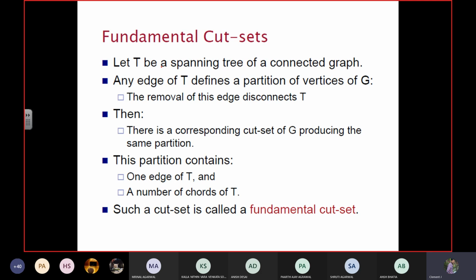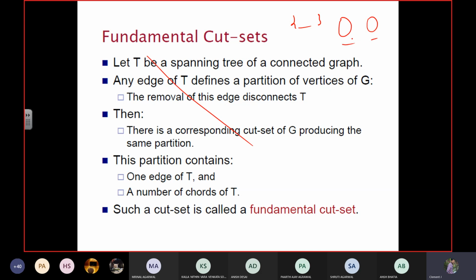Don't get into the slide directly, because you will not understand it if you enter into that. So first let me explain with an example, and then if you read all the lines of the slide, you will automatically understand the concept. So please listen. Cut set means you have some edges in a set. By removing those edges, the graph divides into two connected components.